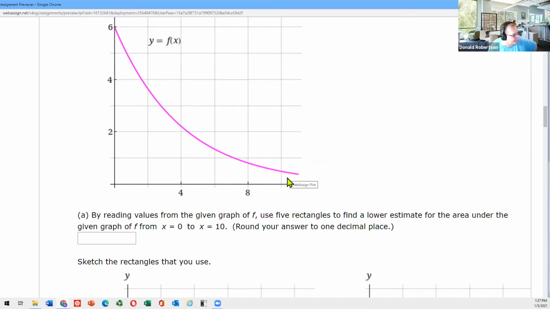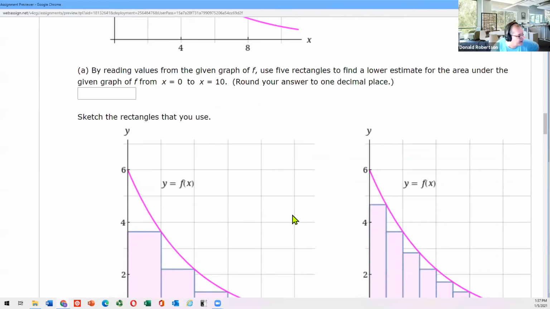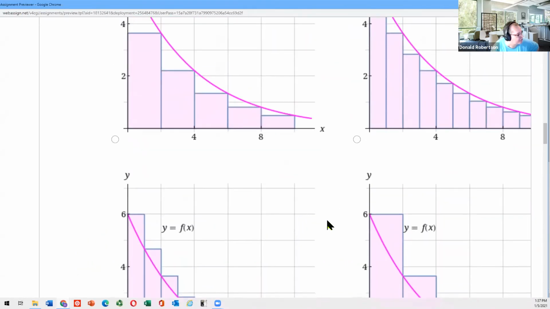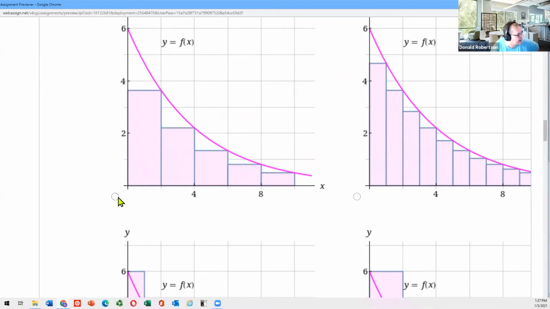That's what you need to do. And then one of these pictures represents what we just said. And would you all agree it's that picture? So you just pick a dot on it. If you pick the right-hand side to get the height, you see that's where the first rectangle is. There's the second.